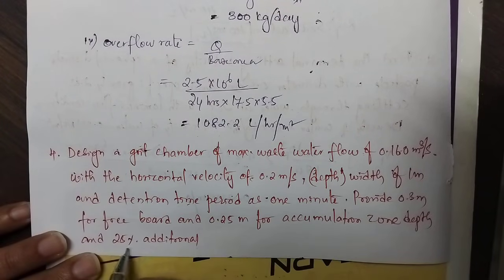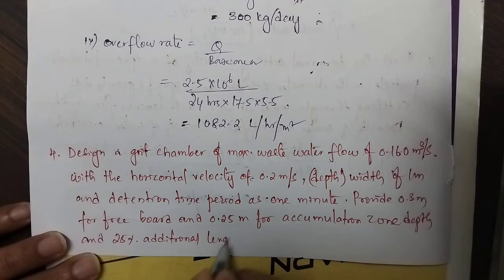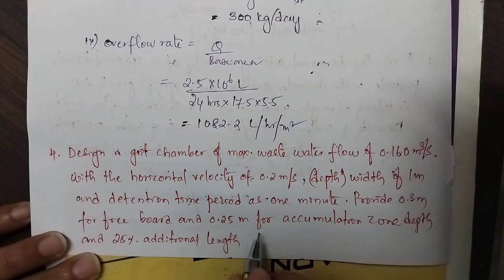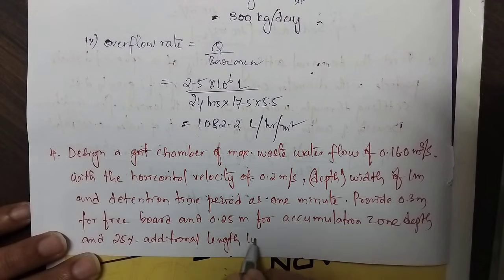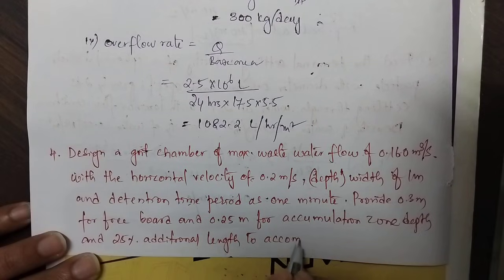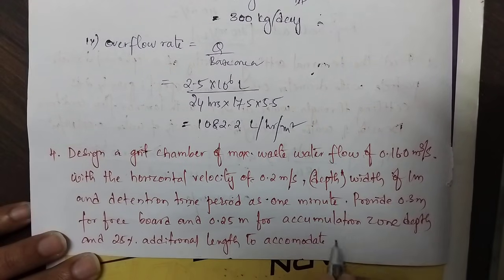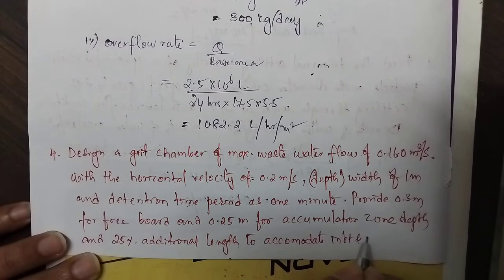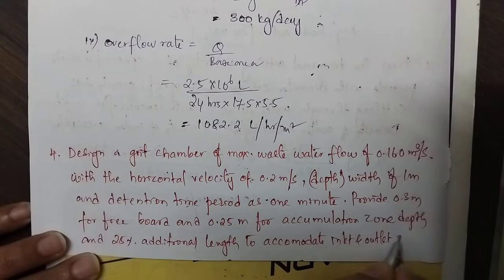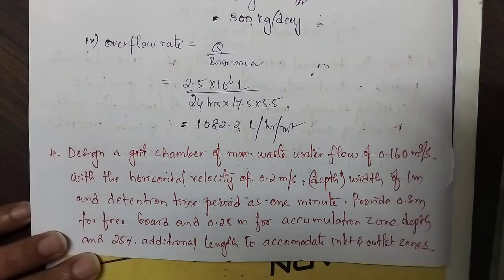These two are for depth and this 25% additional is for the length, to accommodate inlet and outlet zones. Okay.